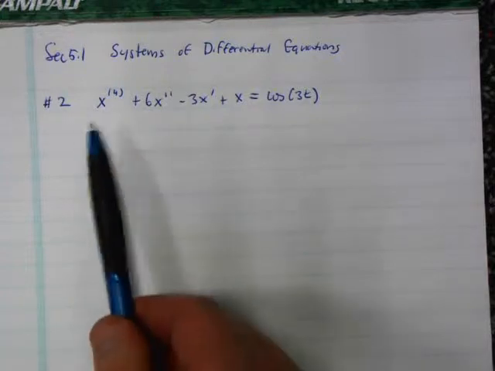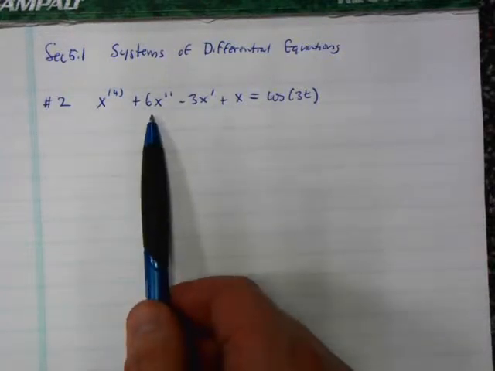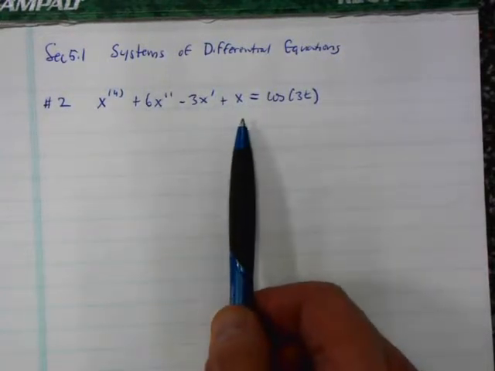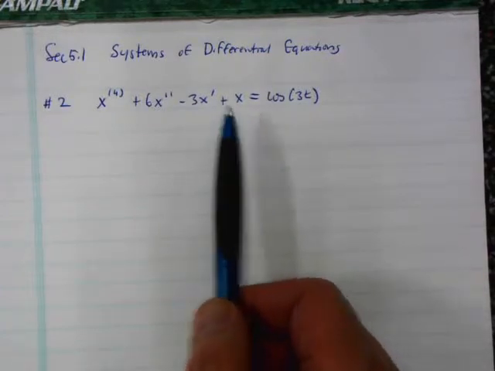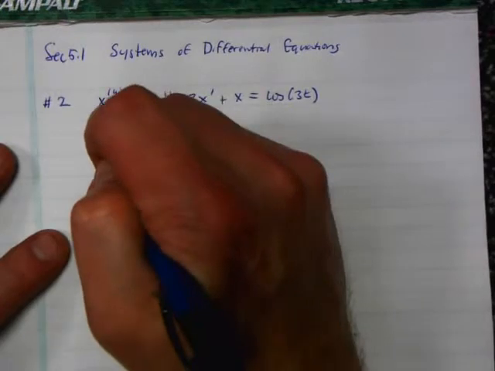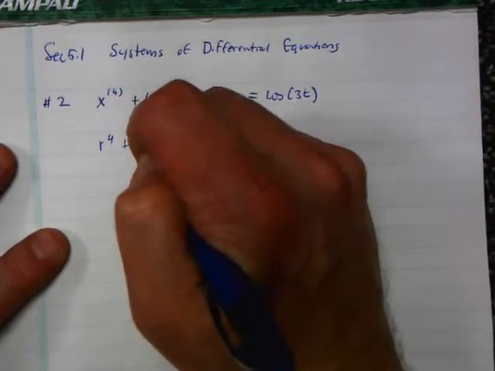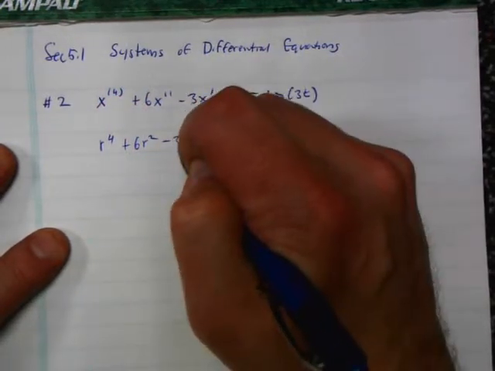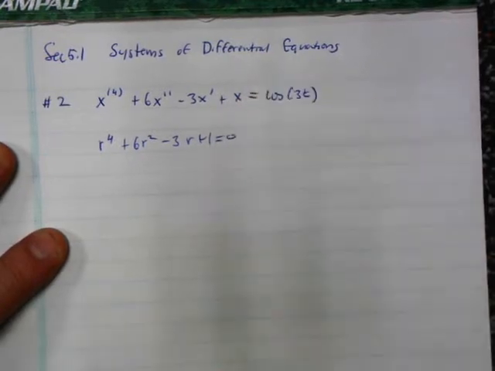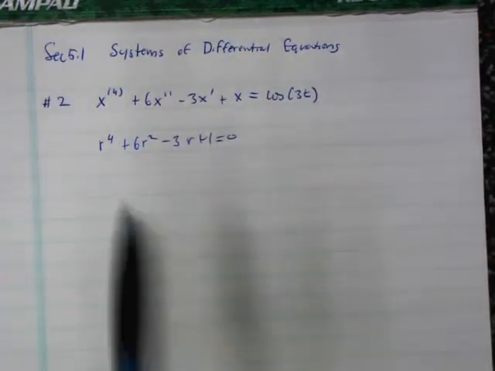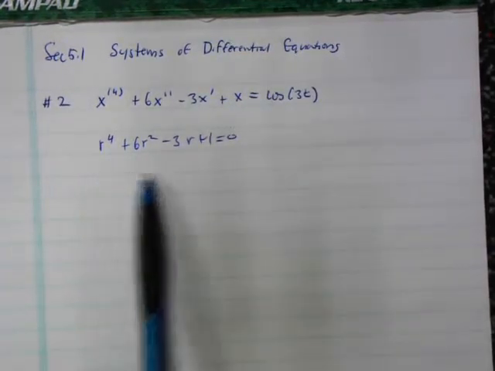R to the fourth. All right, so the big hang-up would be the characteristic polynomial, r to the fourth plus 6r squared minus 3r plus 1 equals 0. The big hang-up would be, how do you solve that equation?